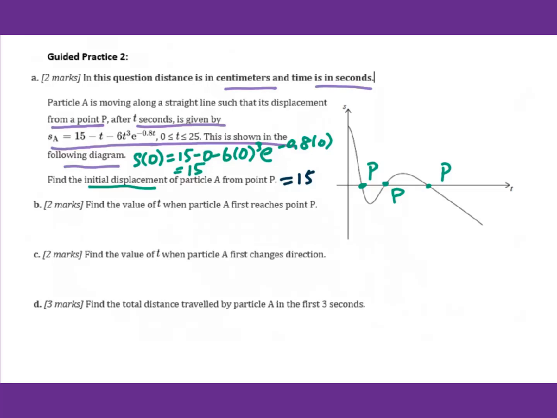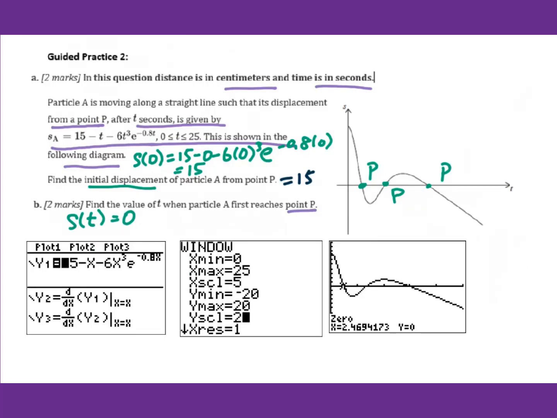Find the value of t when particle A first reaches point P. You need to set up s of t equal to 0. I use the graphing calculator. Put in y1, the original function. I set up the window like this because t is given between 0 and 25. For y, I just assume it's between negative 20 and 20.